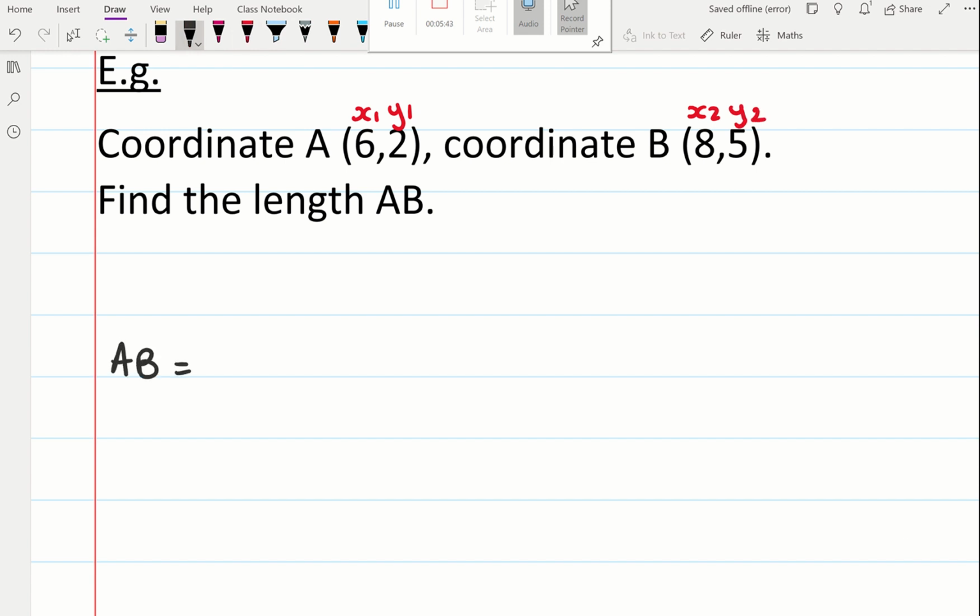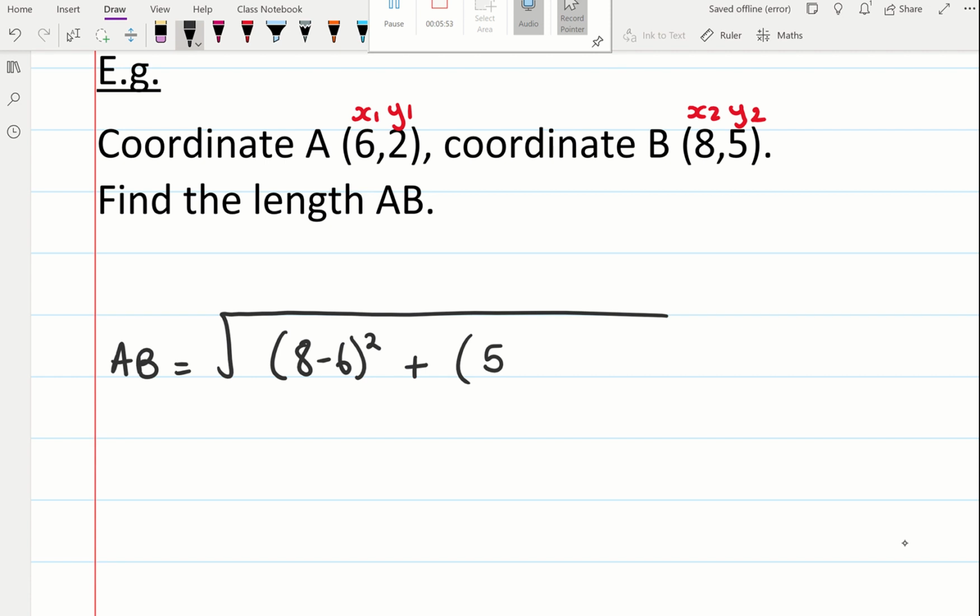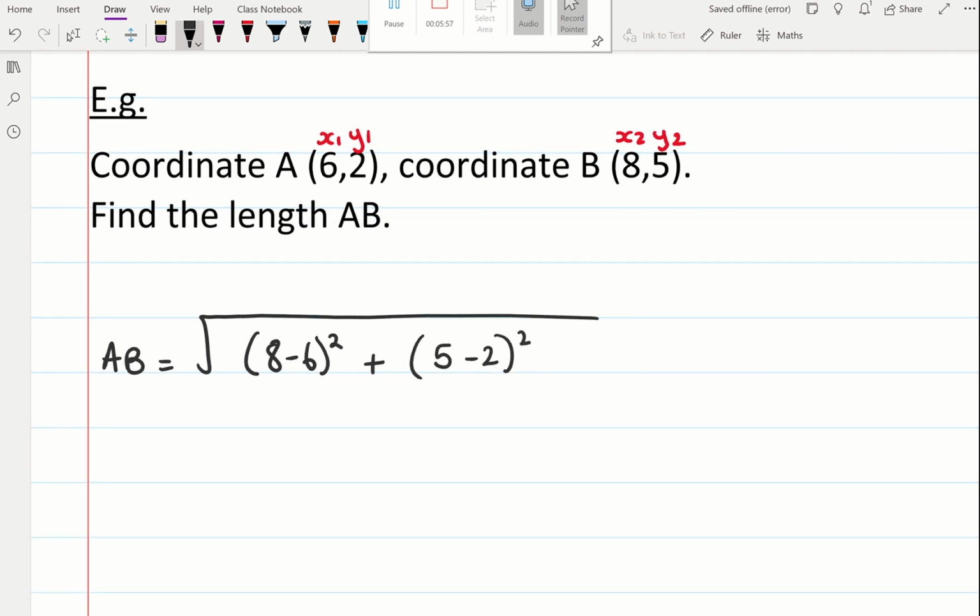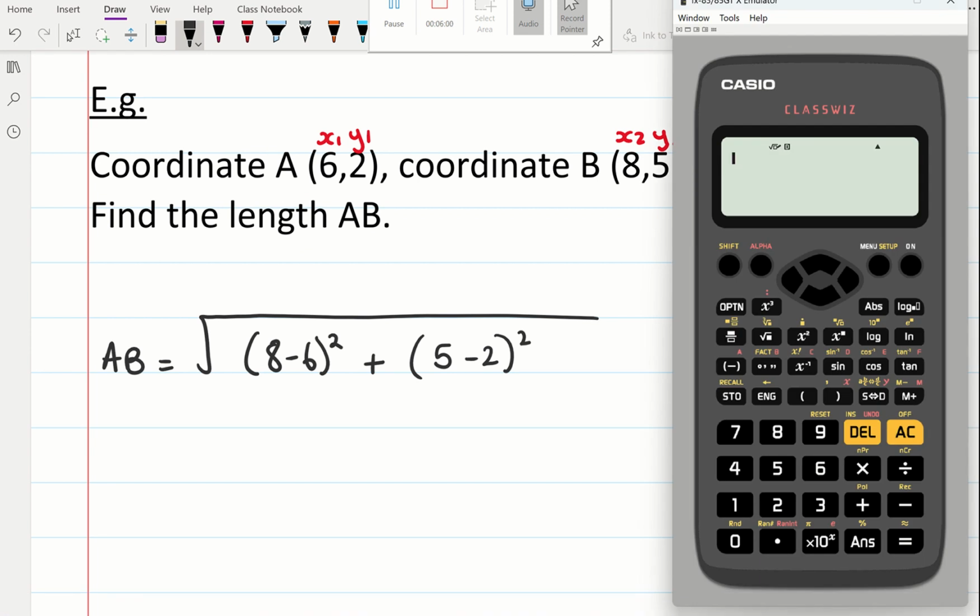So AB is the square root, and it's 8 minus 6 squared plus, always a plus, 5 minus 2 squared. And I'll get my calculator and I'll put that in exactly how I see it. Square root 8 minus 6 brackets squared plus 5 minus 2 brackets squared equals, and it's root 13.